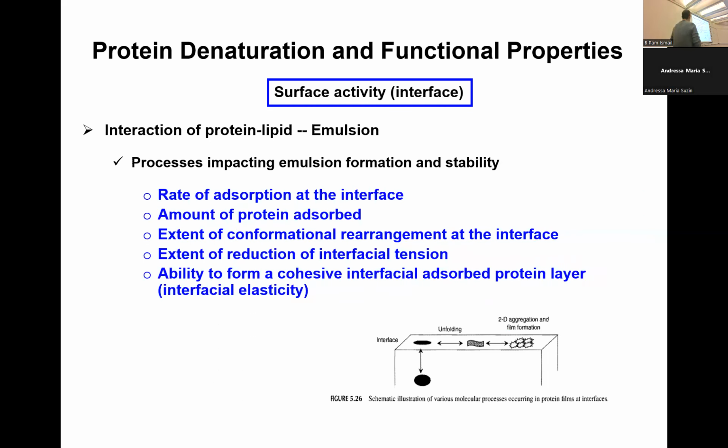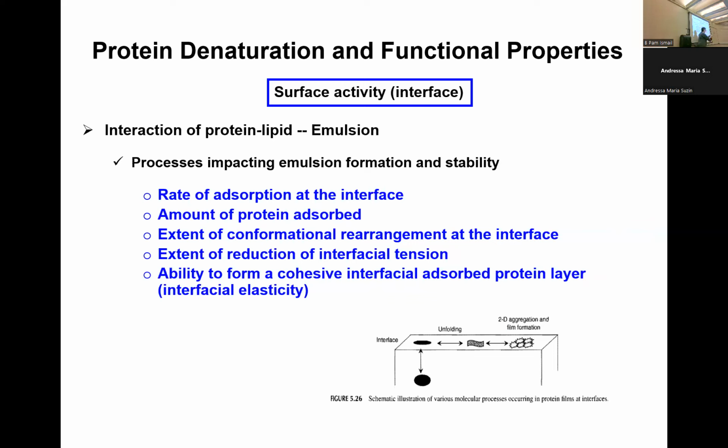So the processes involved in formation and stability of the emulsion: first of all, how quickly the protein can move to the interface between the oil and the water. How much protein is absorbed at the interface?